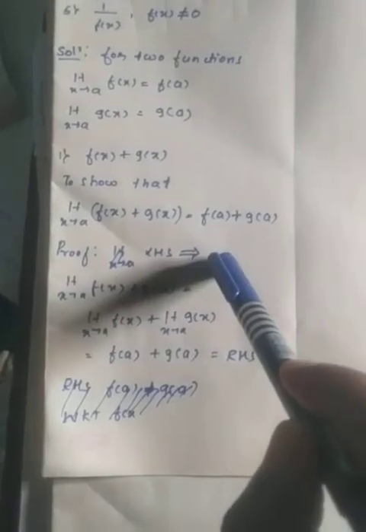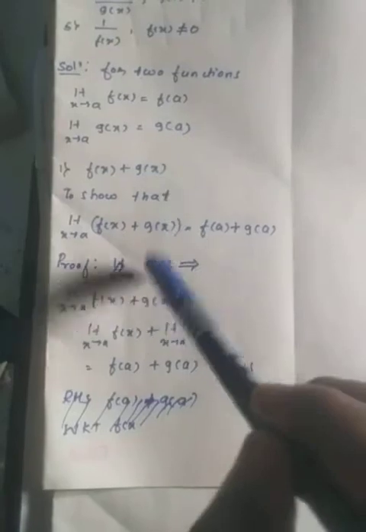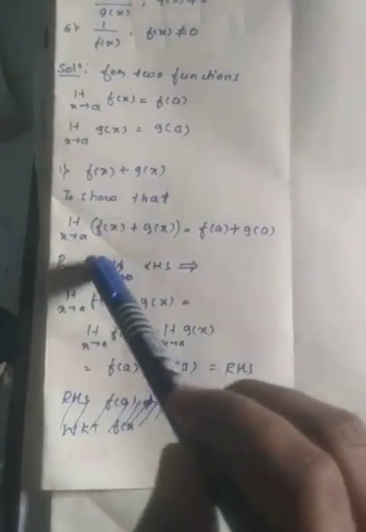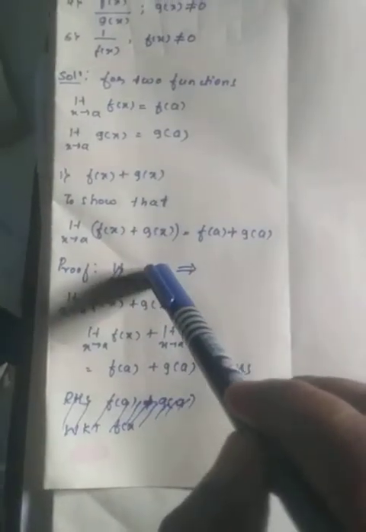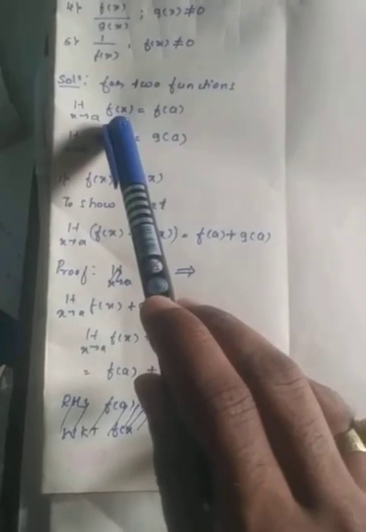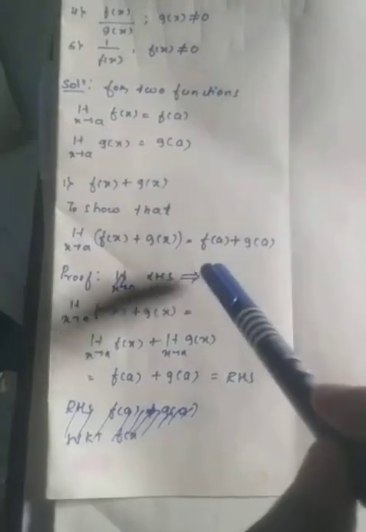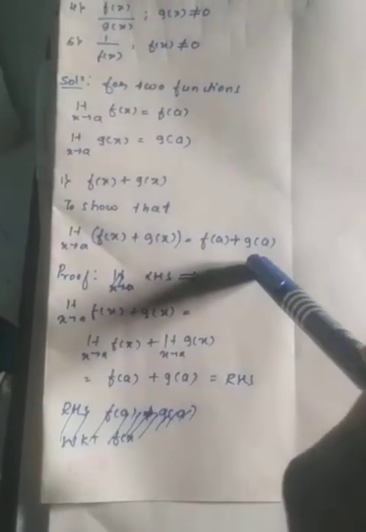It is very simple, don't get confused. Here, instead of f of x we apply f of x plus g of x, and we have to get f of a plus g of a. By taking the LHS we have to arrive at the RHS.